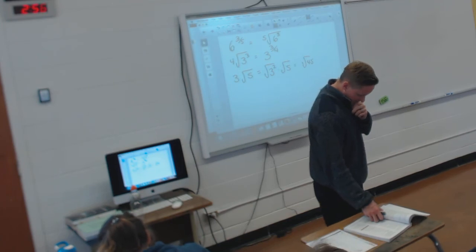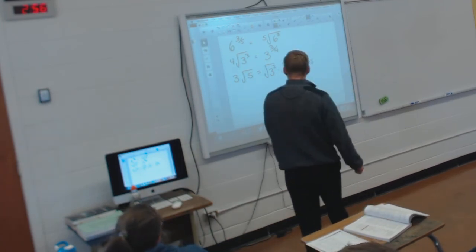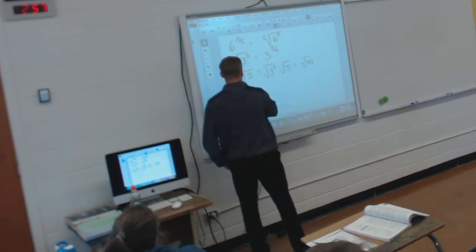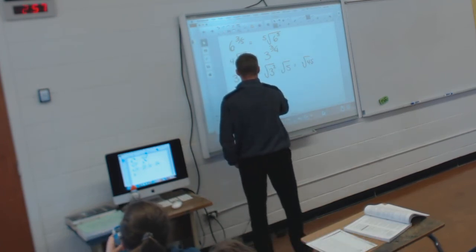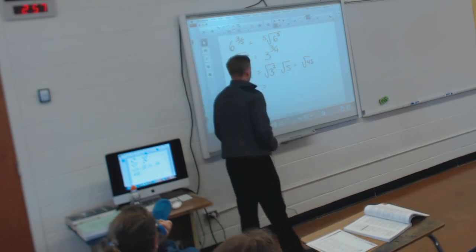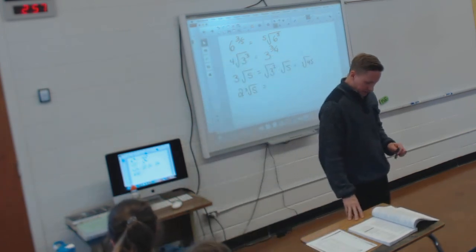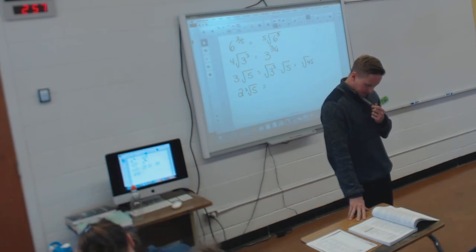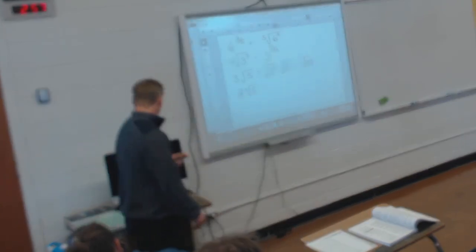So now we gotta work the other way. I'm gonna step it up a bit here. One more time, very similar. So now I'm not dealing with square roots, I'm dealing with the cube root.